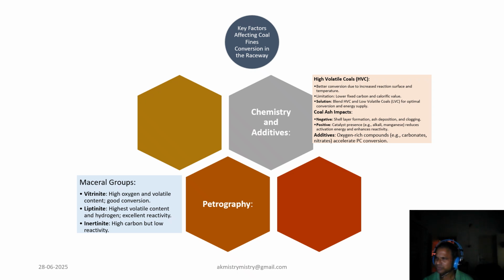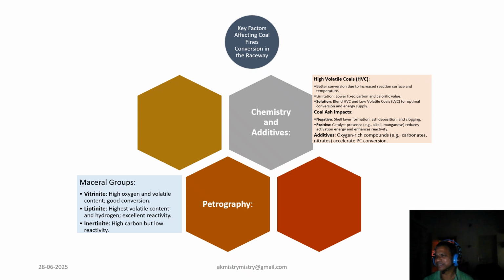High volatile coals convert faster but don't provide enough heat. Similarly, low volatile coals burn slower but supply more energy. So we have to blend both of them to derive our best results.